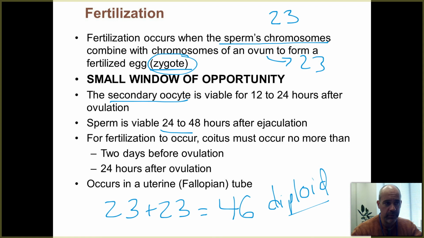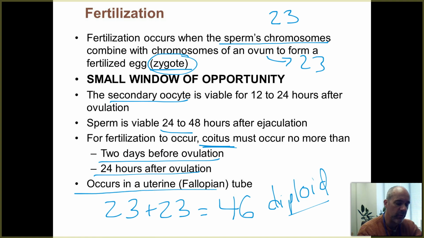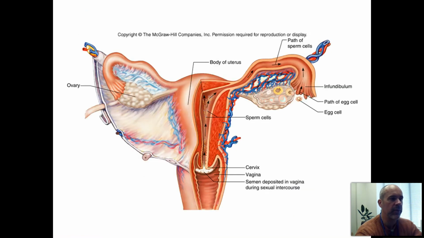All right, so if you're trying to get pregnant, coitus, sexual intercourse, must occur no more than about 2 days before ovulation or 24 hours after ovulation. So you've got that small window of opportunity, and fertilization is generally going to occur in a fallopian tube.